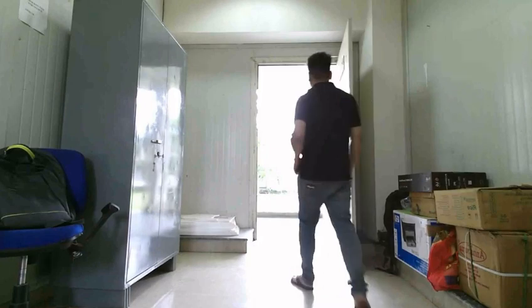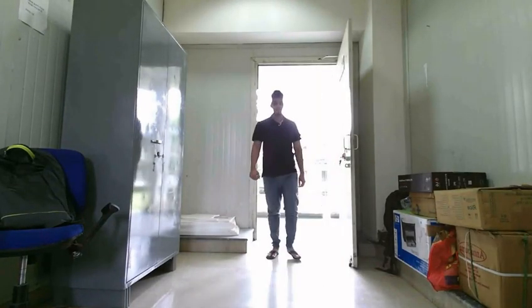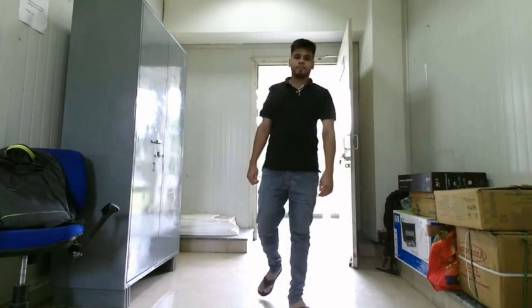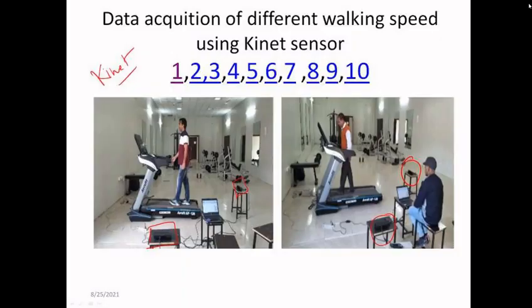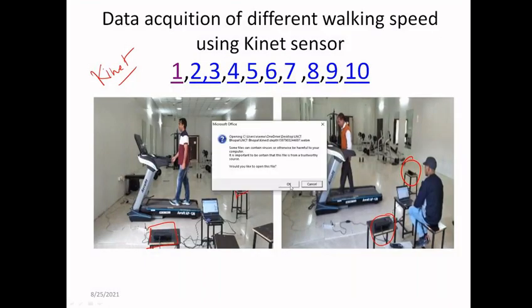So the person is performing the walk, and the Kinect sensor is kept in front of him. The Kinect sensor is a depth camera, which is actually capturing the depth of the person, how far the person is from it, and it can help us to identify obstacles also.